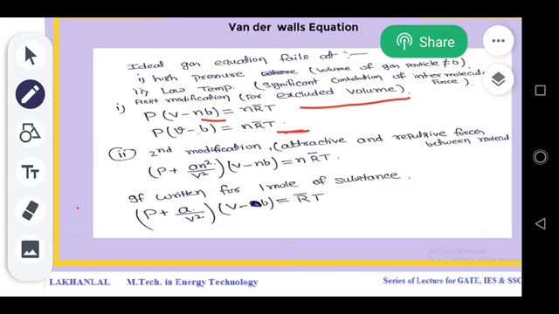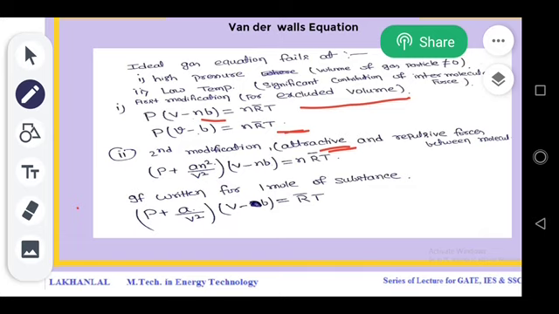The second modification is for attractive and repulsive force between molecules. Basically, it is for van der Waals attractive force. Due to that attractive force, the pressure you measure is always going to be less than the ideal gas pressure.